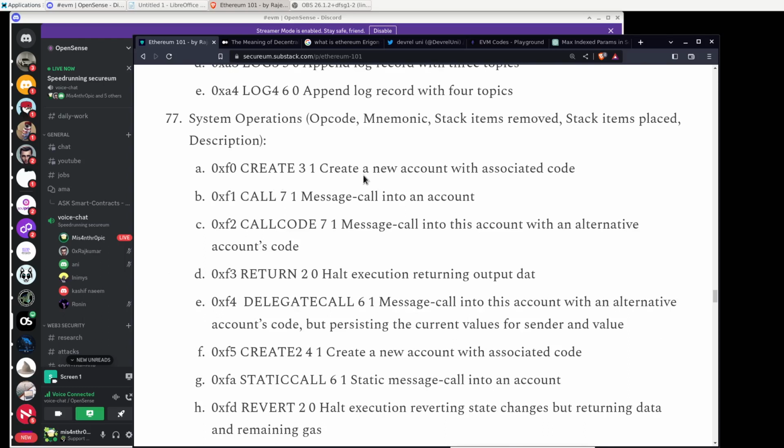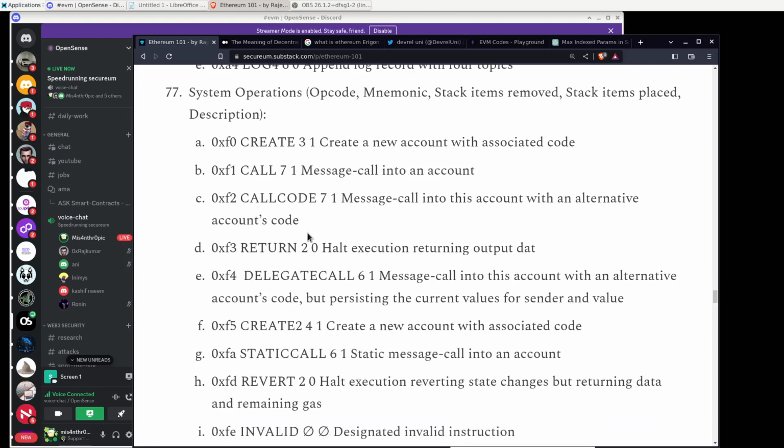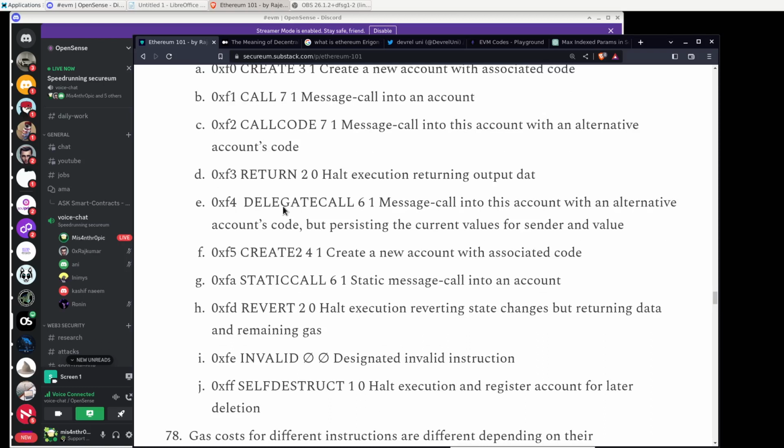System operations. CREATE creates a new account with associated code, 0xF0. 0xF1, CALL, message call into an account. CALLCODE, message call into this account with an alternative account's code. 0xF3, RETURN, halts execution and returns output data.